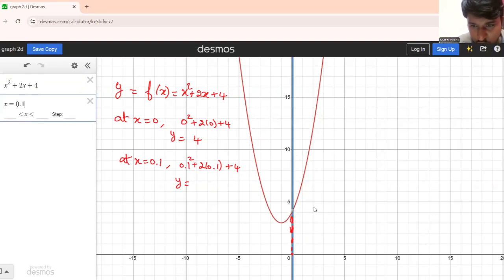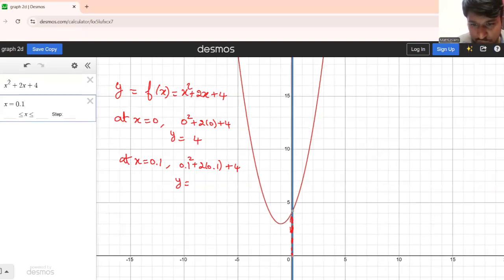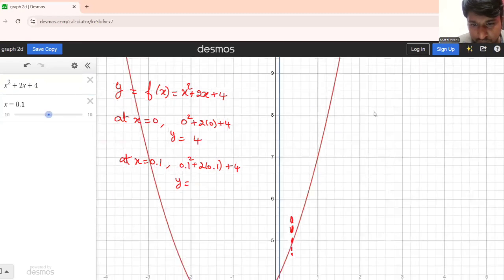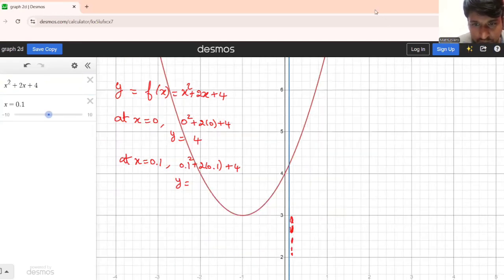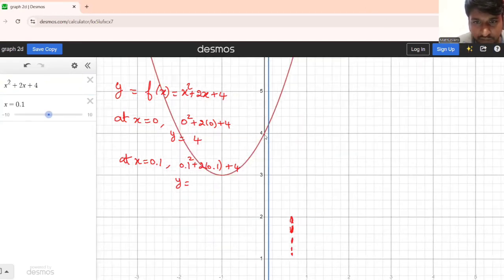I've kept a line very close to it. I'm going to zoom in and show that to you. You can see I'm zooming in on this small gap between x equal to 0, as a green line, and x equal to 0.1, as a blue line. In that small gap, this curve looks like a straight line only.